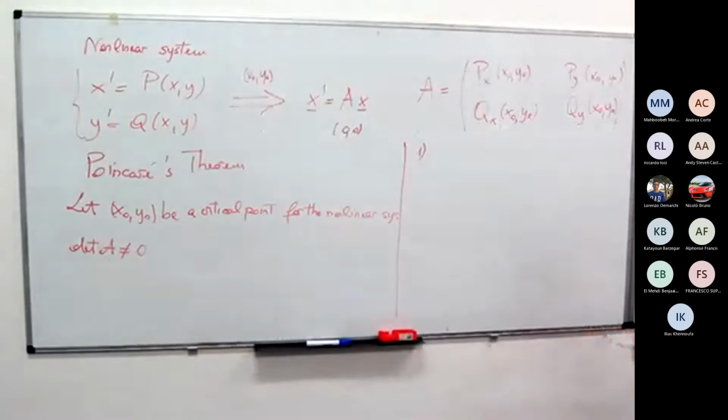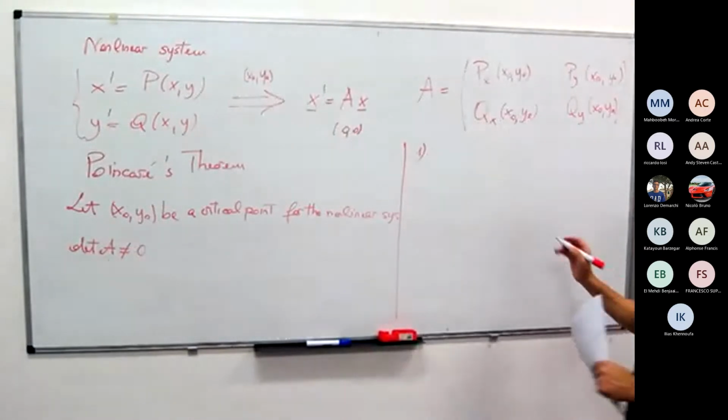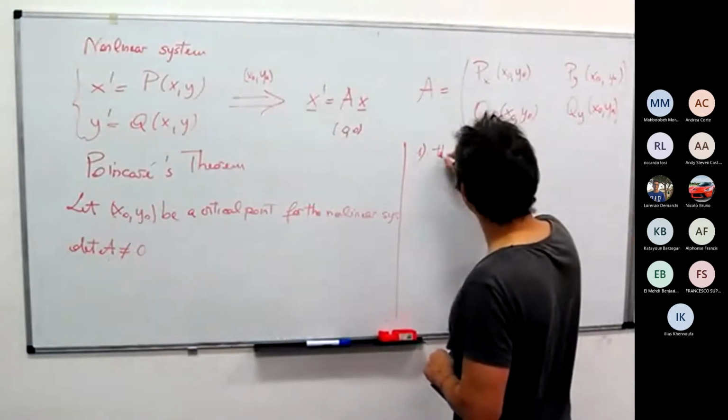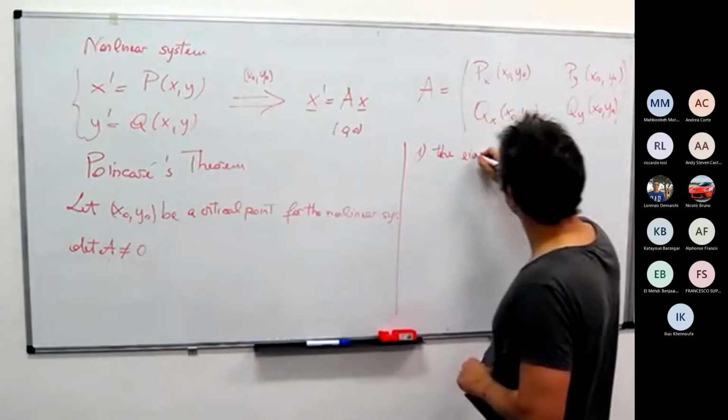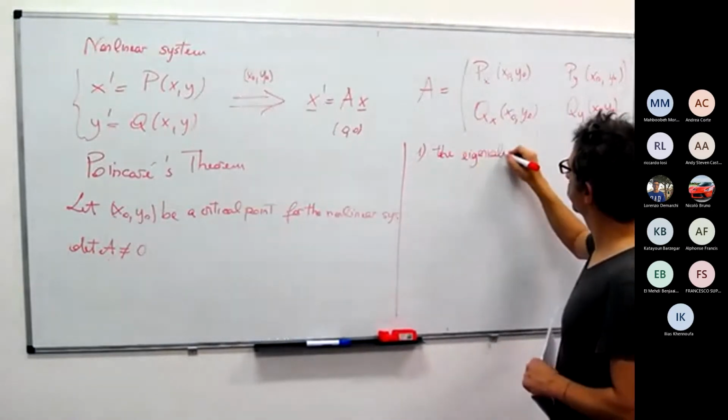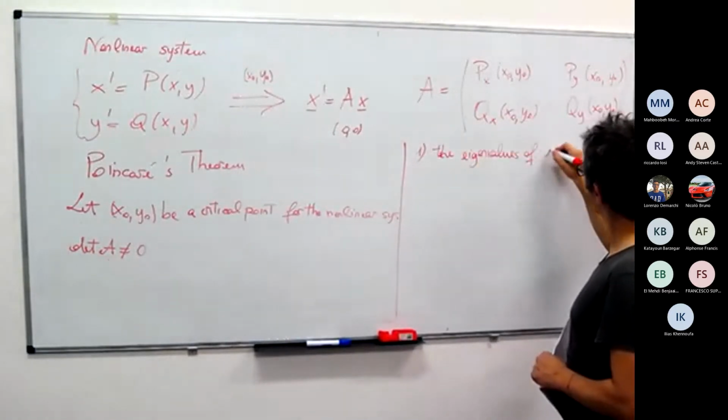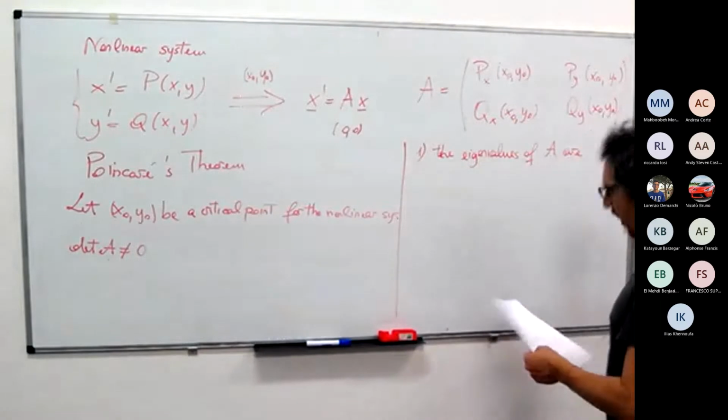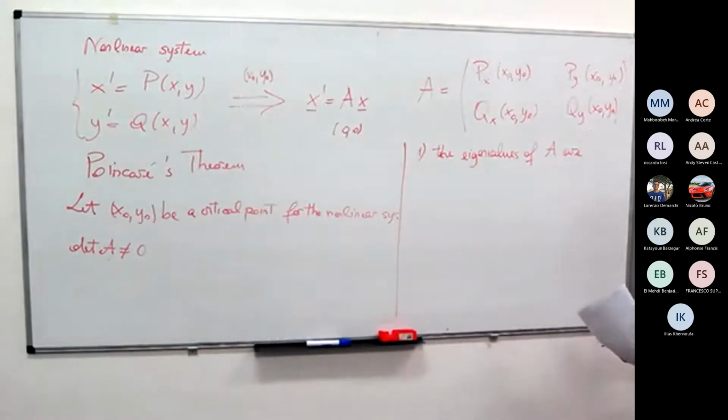So, first case. If the eigenvalues of A are both real and have the same sign.